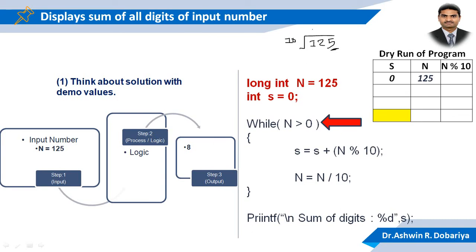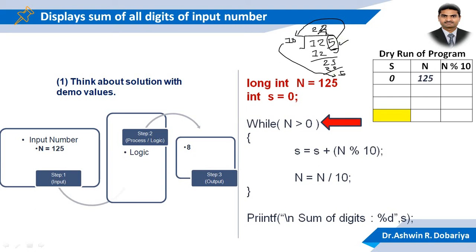For instance, 10 multiplied by 12 is 120, and 125 minus 120 leaves the remainder 5. So the common logic is: if we want to separate the last digit, we divide that number by 10, and whatever remainder is there, that is the last digit.